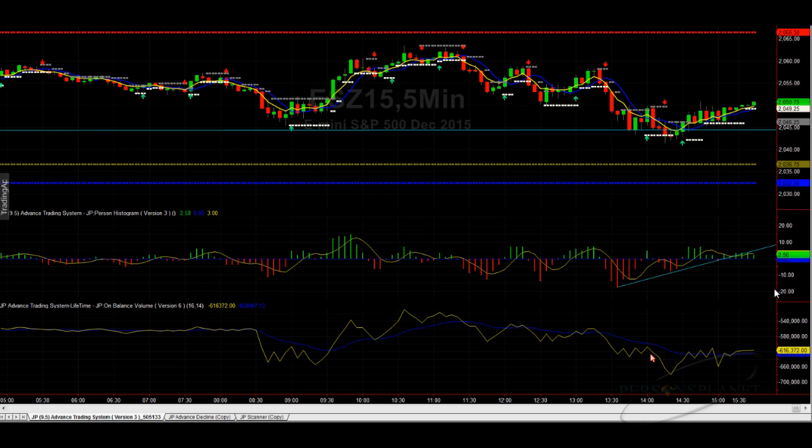What the on balance volume does is it gives us a cumulative trend of advancing versus declining bars, or up versus down, a market that closes below a prior close. That would be negative. Not necessarily a red or a green candle, but if the market closes below the prior close or closes higher than the prior close, it'll give us a cumulative tally of the trend of that volume.